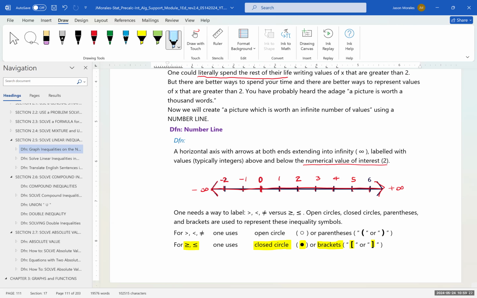If we're using an inequality without equals in it, then we're going to use an open circle or parentheses. We will be using parentheses and brackets when we do interval notation. But it's not uncommon in mathematics also to see open circles and closed circles, or open dots and closed dots, to also represent these inequalities as well. So that's why I'm giving you both.